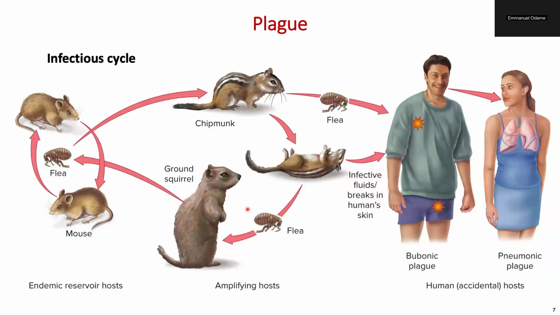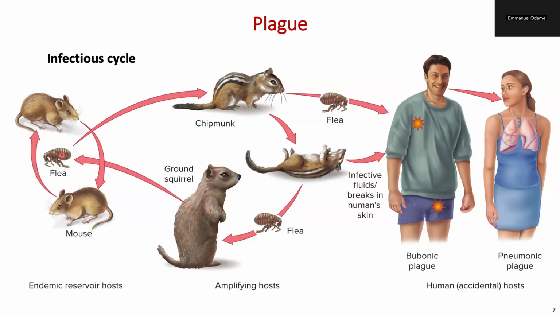So how does plague transmit, or what is the infectious cycle of plague? Basically, let's say this is the infected animal, which is the reservoir. That's the mouse. So you have a mouse which will transmit it to the other mouse.